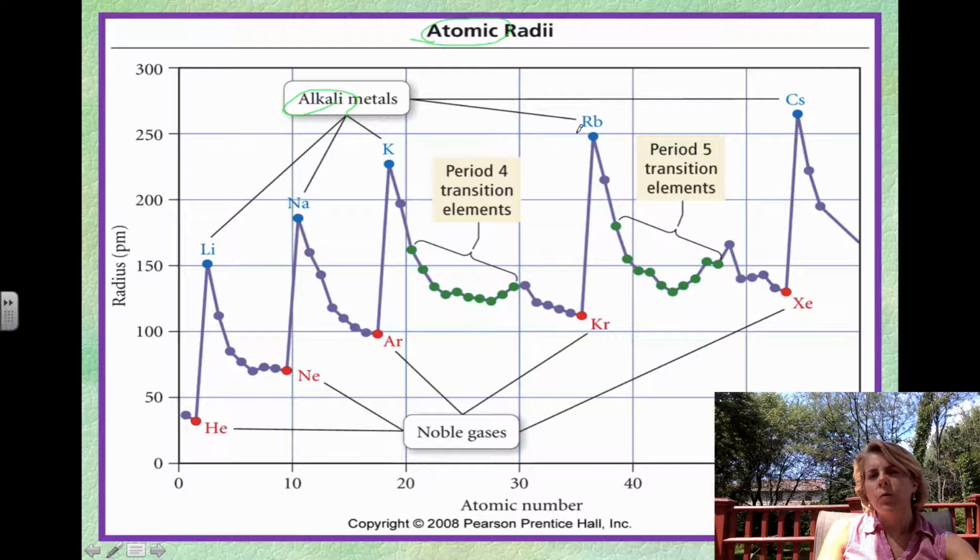Okay, they have the greatest atomic radius. Notice that the noble gases have the smallest atomic radius. So as we go from left to right, something interesting is happening. How come the size is decreasing? Why isn't it increasing? Because we're adding electrons, we're adding protons. That doesn't make any sense.